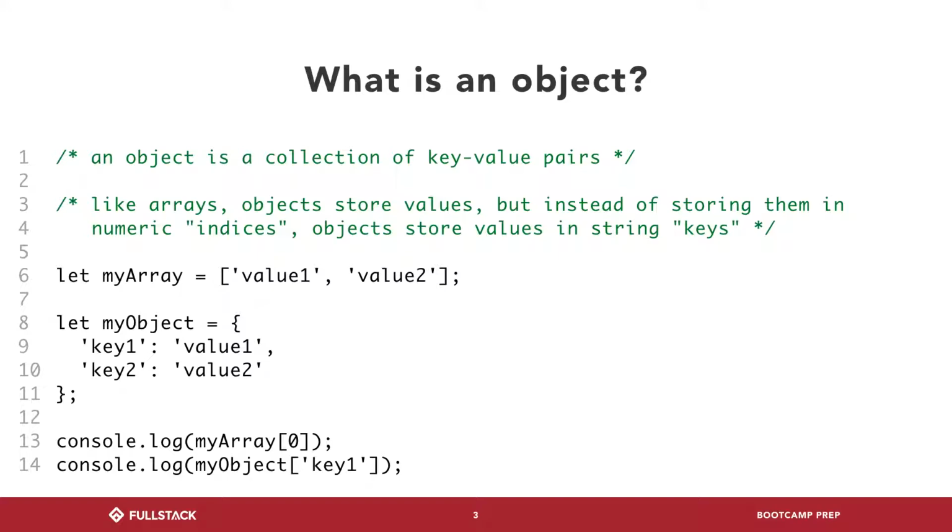This is saying give me the corresponding value at the key 1 word, right? So if this was a dictionary, I would look up the word or the key 1 here, and I would look at what the corresponding value is, which is value 1. So when I print that out, I get value 1 for both arrays and objects.